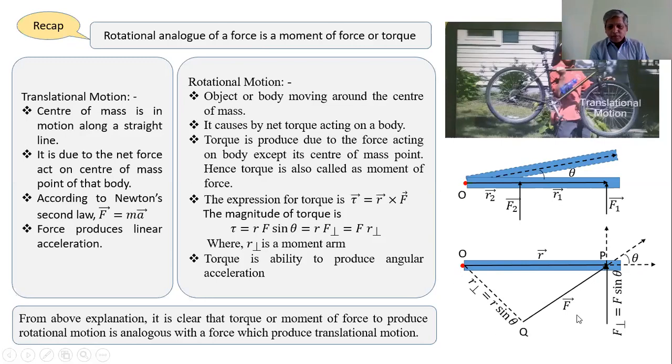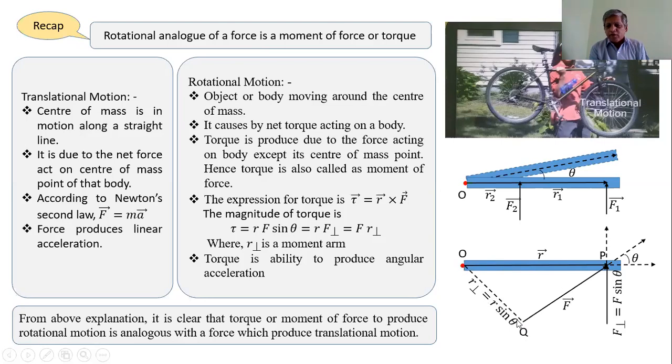From these diagrams, from the right angle triangle OPQ, OQ is r sine theta, the perpendicular distance to the line of action of this force from the axis of rotation.